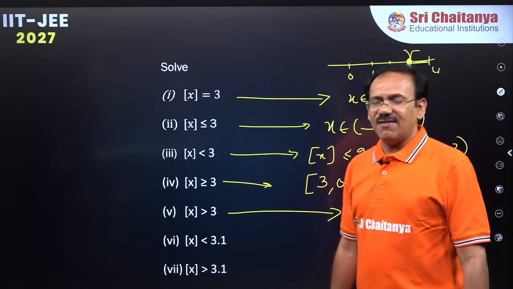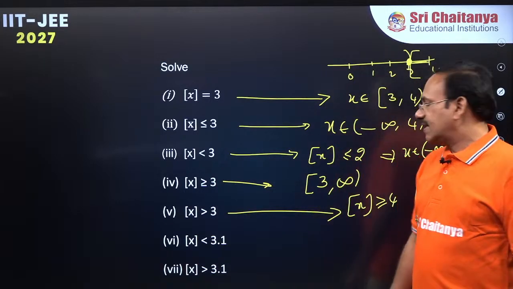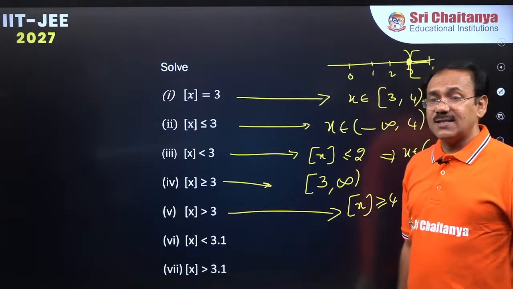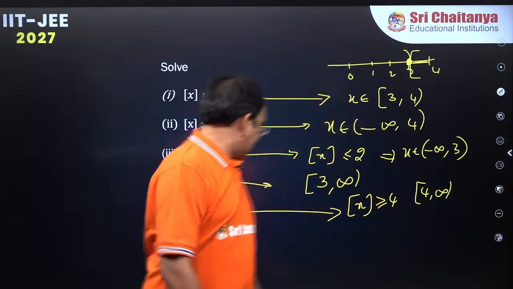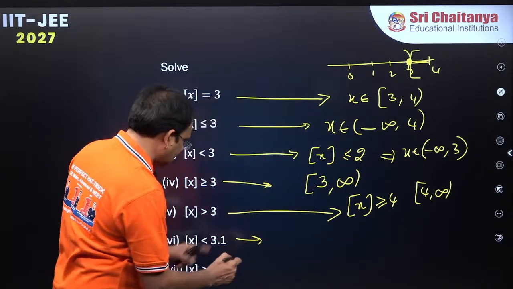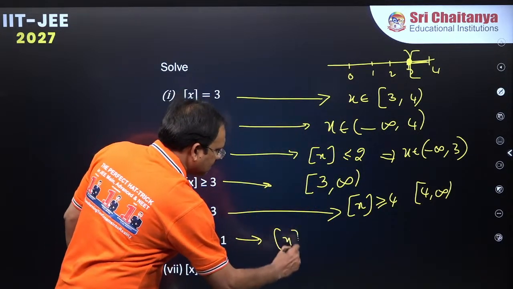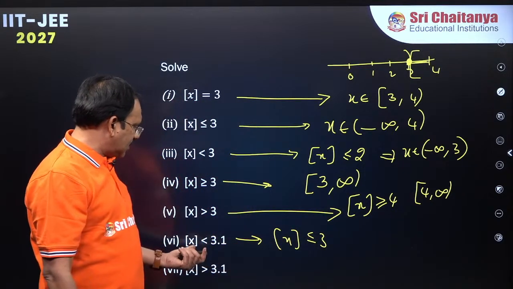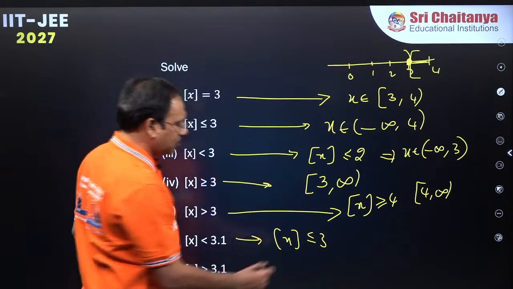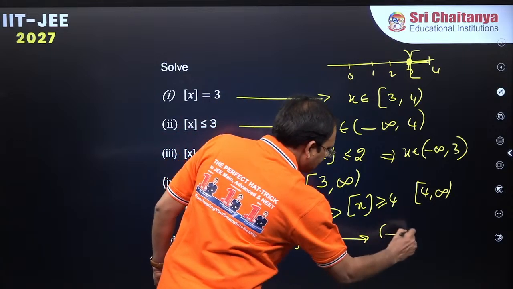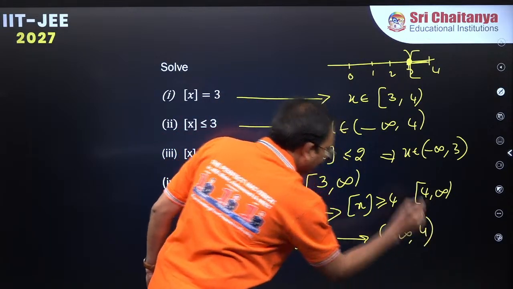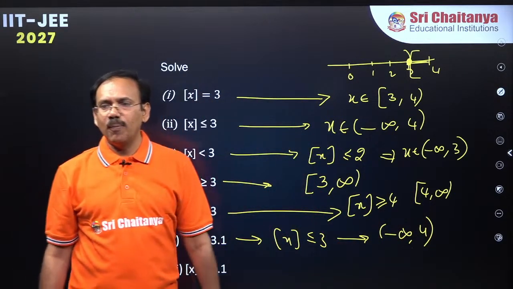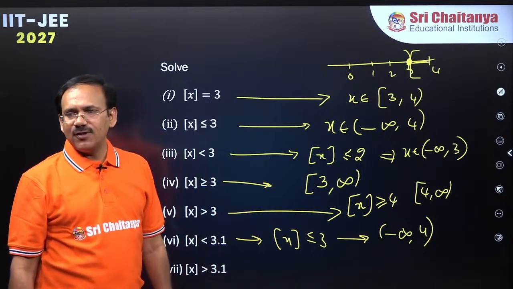Right? Right, everyone? Yes. Finally, step x less than 3.1. Less than 3.1, it is non-integer. It means step x less than or equal to 3. That is the meaning. Because it is an integer, it can be up to 3. So that means minus infinity to open 4.